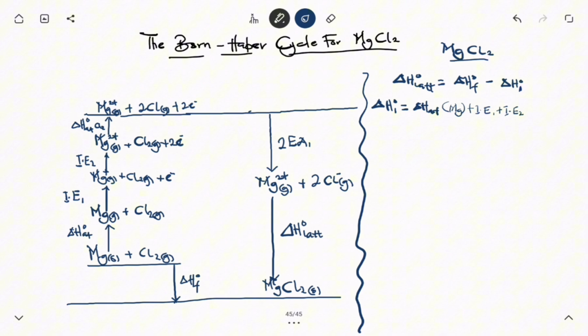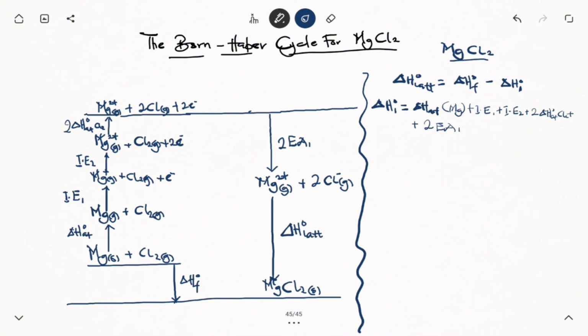Okay, then we'll move on to the atomization of the chlorine. Now since we have 2 chlorine atoms, we've atomized it 2, so let me put 2 here. So we need to multiply it by 2, so 2 times the enthalpy of atomization of chlorine. All right, then we'll go ahead and add the electron affinity. So we have 2 times the first electron affinity of chlorine.